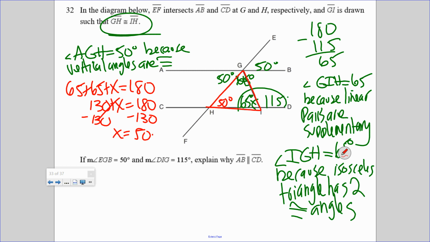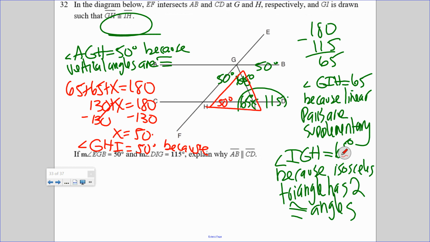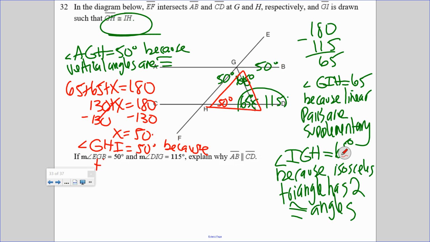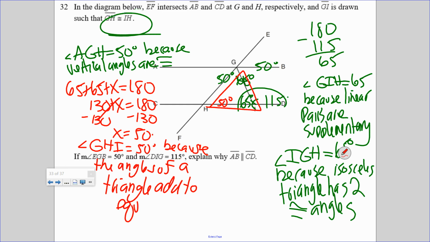So angle GHI equals 50 because, well, I added them to equal 180, because the angles of a triangle add up to 180 degrees.